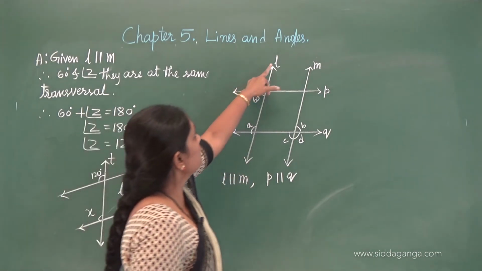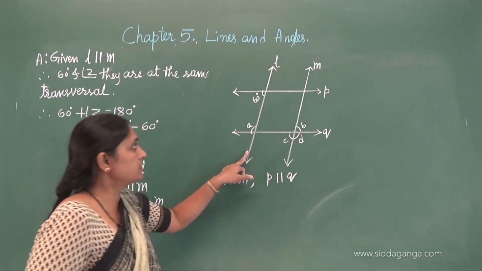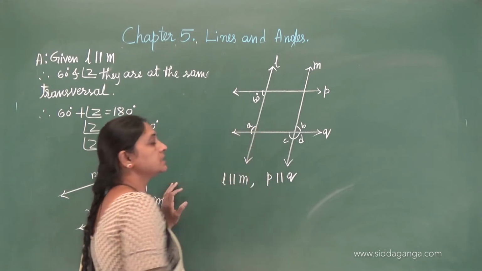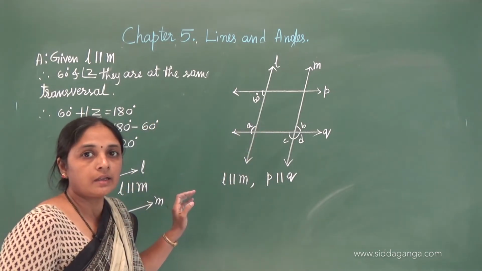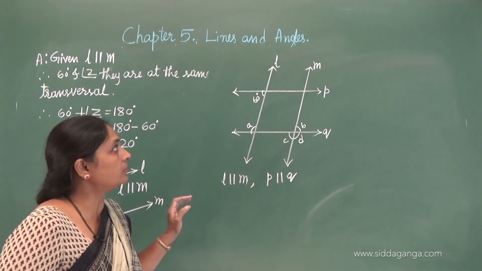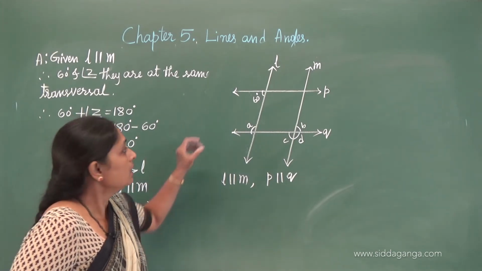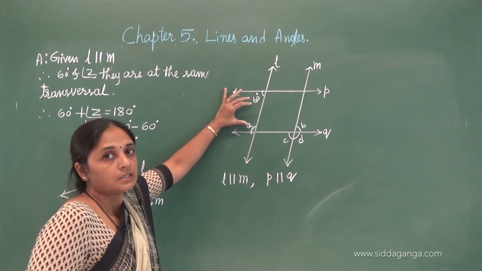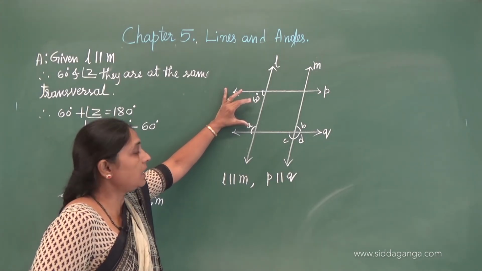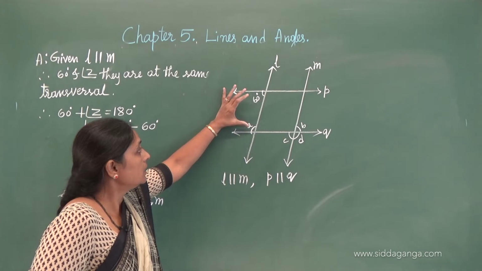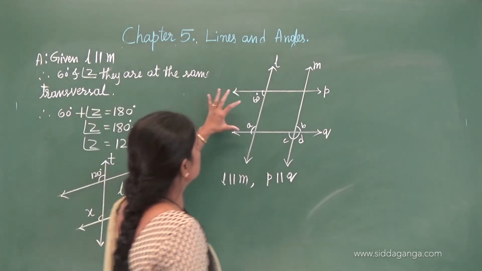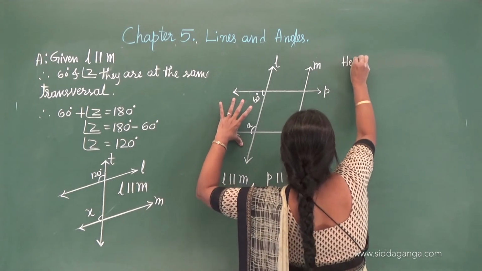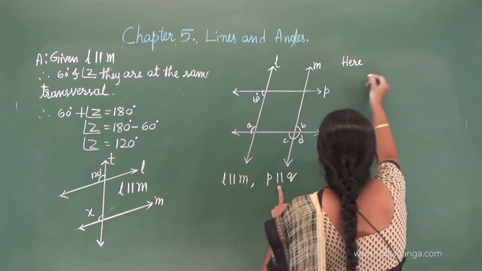Okay, when L is a transversal, then we can tell these two angles, they lie on the same side of the transversal. Then what about these angles? They are supplementary angles, they make 180 degree. Okay, then here, so I write the answer here.